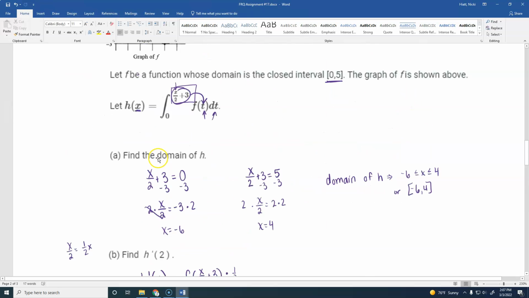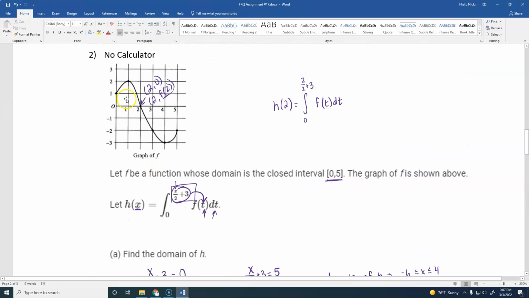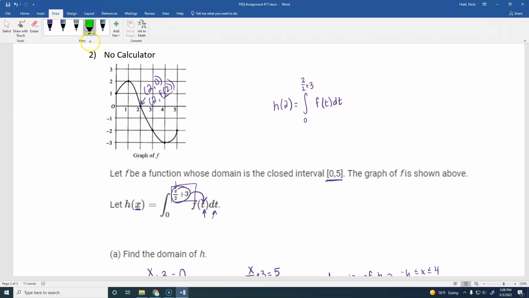All right, let's look up here at the graph for that. There's no way you're going to be able to find the exact value for that, but I do know it's positive. I know it's positive because this area right here is above the curve.